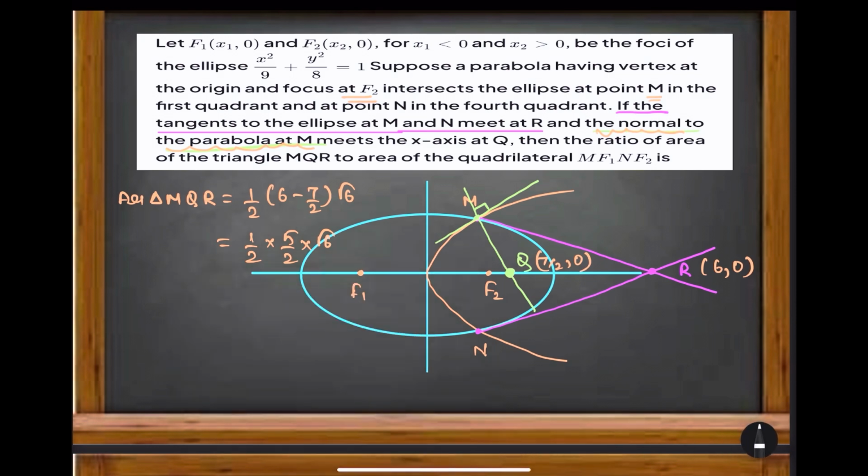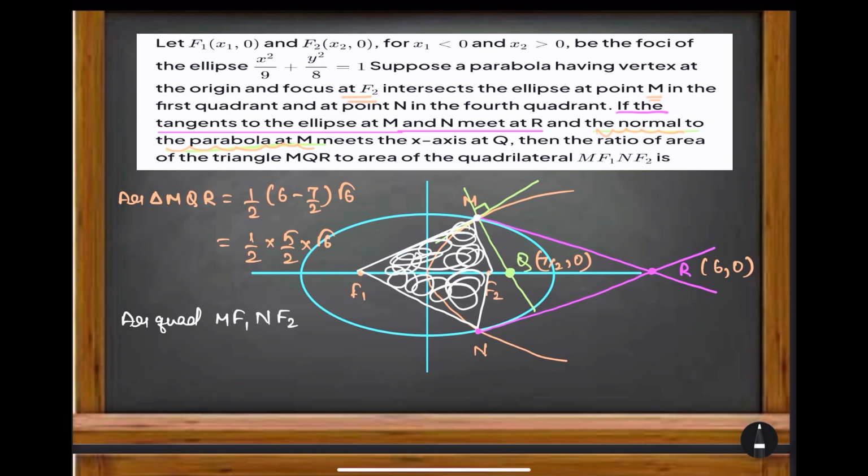Now the area of quadrilateral M F1 N F2. This is the area they are talking about. Can I say that it is symmetric? So this area and this area will be the same, correct?